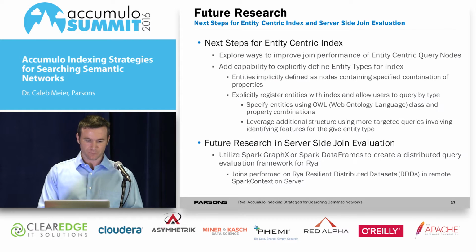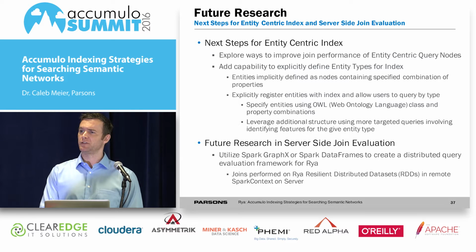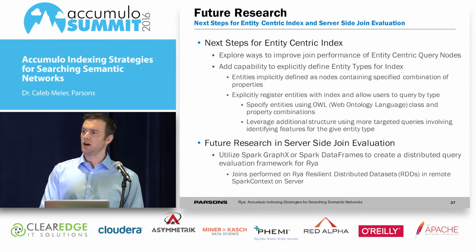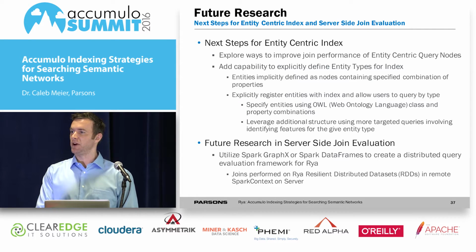for determining query plans which use precomputed joins. Next steps for the entity-centric index include exploring ways to improve join performance across entity-centric index nodes. We found that for query plans which form multiple entity-centric index nodes, the join performance across them tends to suffer. Maybe adding a capability to allow users to define explicit notions of an entity.